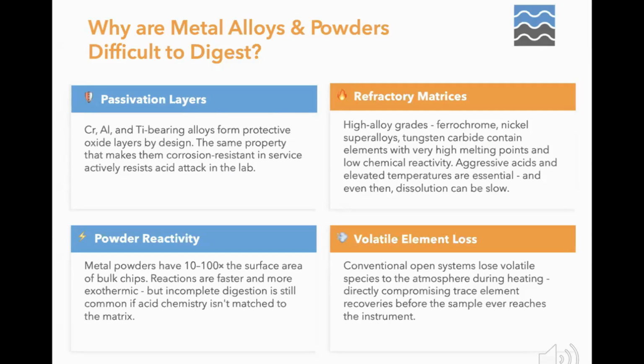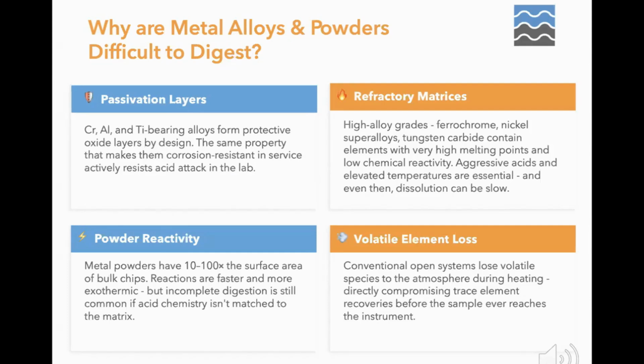We also regularly encounter very refractory matrices: high alloy grades, ferrochrome, nickel superalloys. They all have very high melting points and very low chemical reactivity, and sometimes digestions can either be very slow or even not complete.